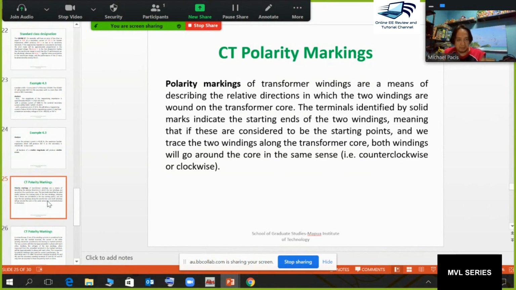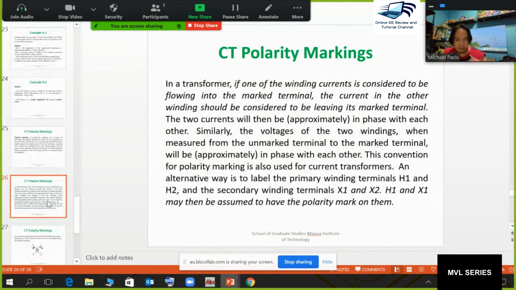The terminals are identified by solid marks indicating the starting end of the two windings. These are considered the starting points, and then you trace the two windings along the transformer core so that both windings go around the same core in the same sense, either clockwise or counterclockwise. So the higher-side terminals we can designate as H1 and H2, and the secondary terminals as X1 and X2 respectively.